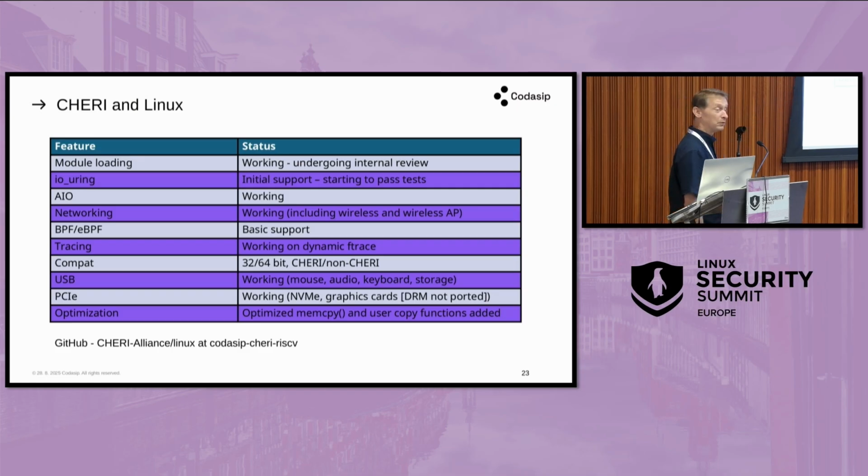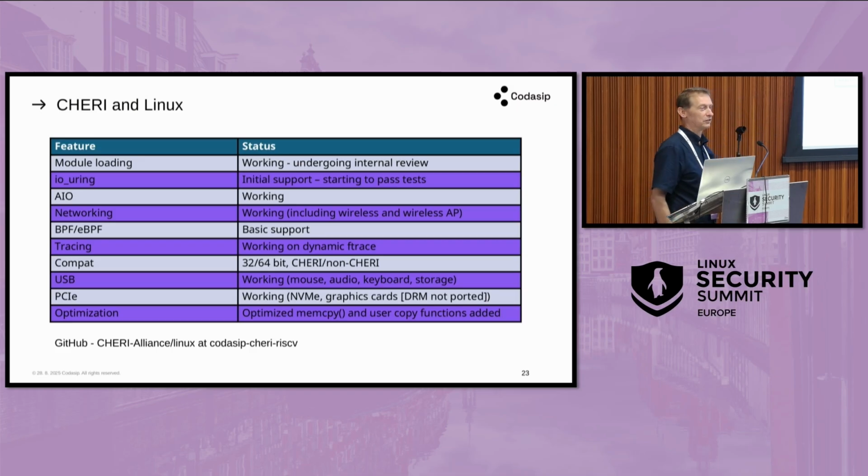But let's say we're up to pretty reasonable functionality. We have network working, BPF and eBPF, I'll get on to in a minute. Obviously, we have things like USB, PCIe, that's all working fine. We've had graphics running. We've got a rather dated X11 system working, but it's fine.